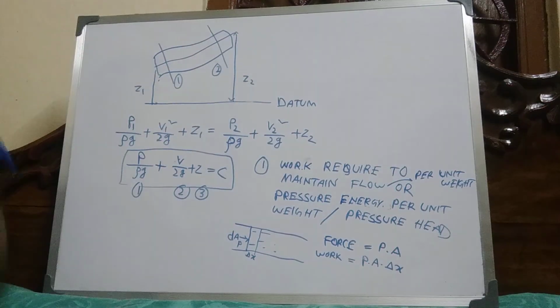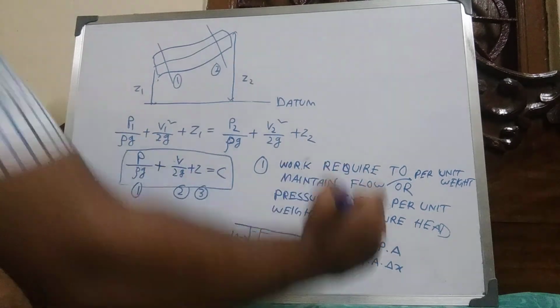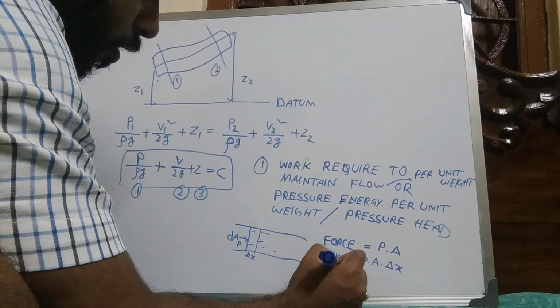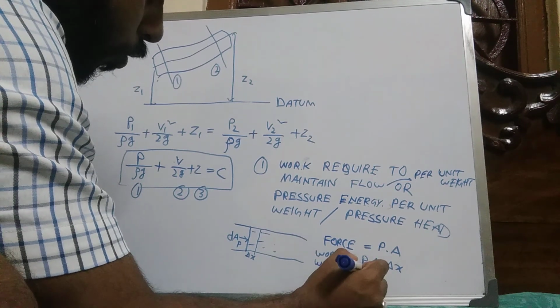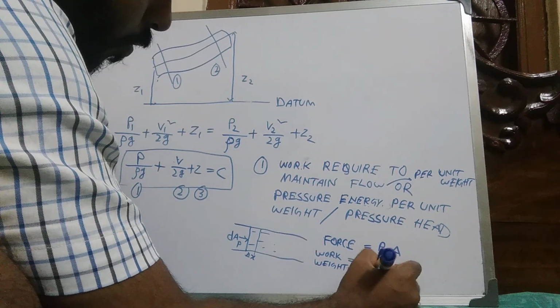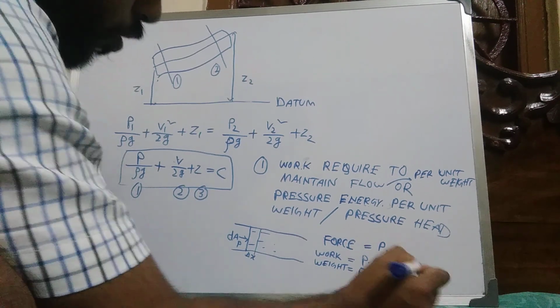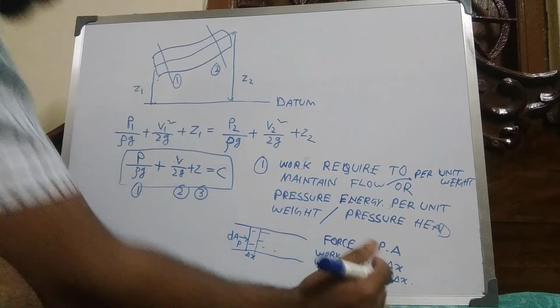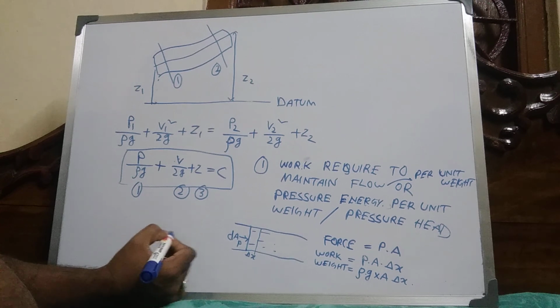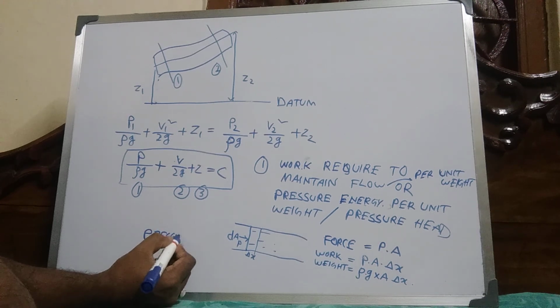Understand? So this is work done, and weight equals rho g into volume, A into delta x. So this is the work and weight. So work by weight gives the pressure head. You can write pressure head.